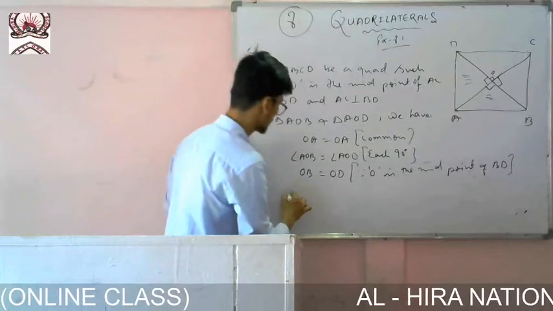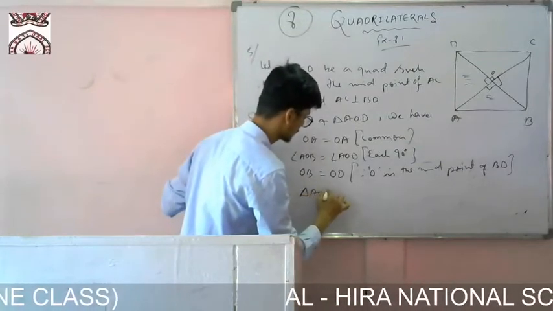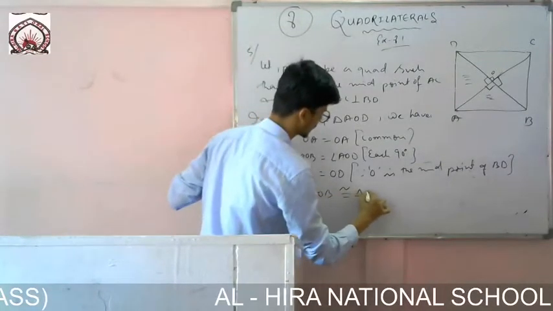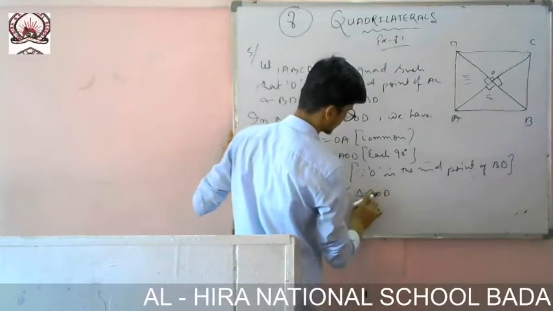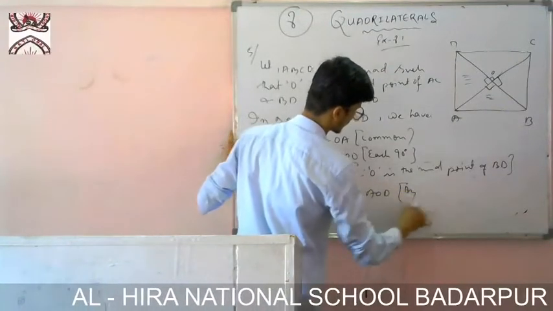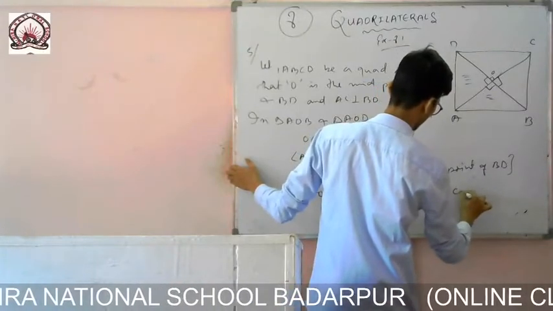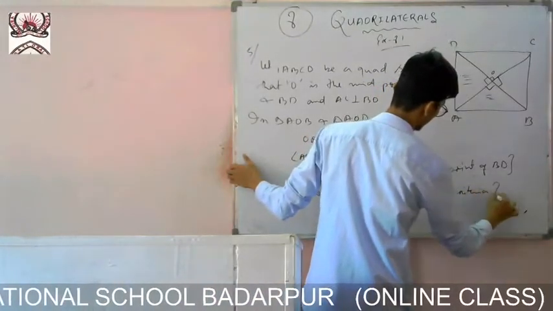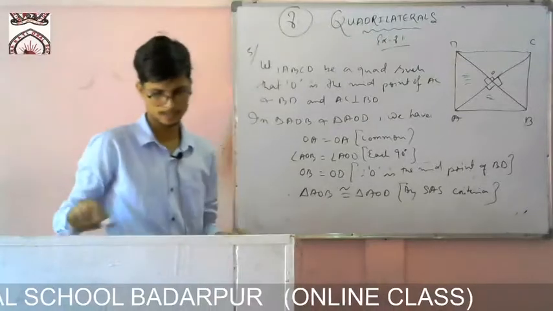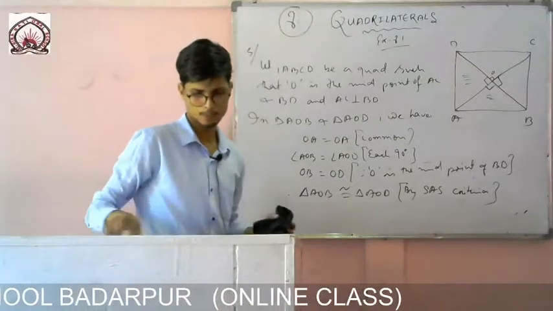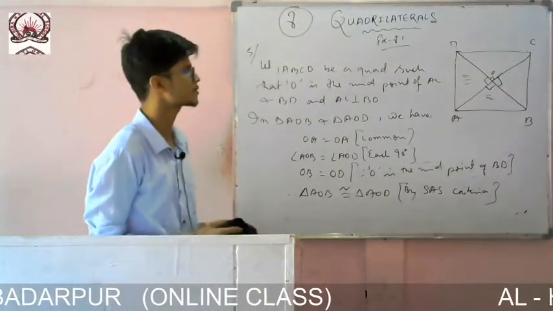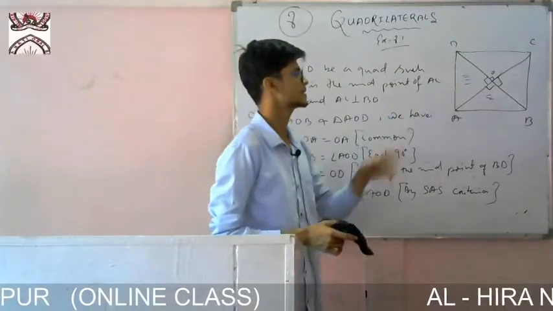So I can say that therefore triangle AOB is congruent to triangle AOD, and the criteria will be by side angle side criteria. Okay, so we have proved that these two triangles are equal. So if these two triangles are equal, then the sides are also equal.